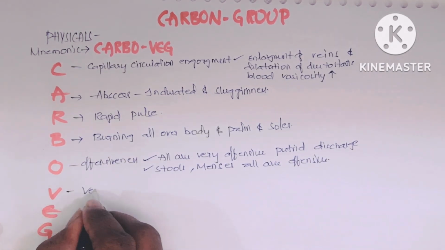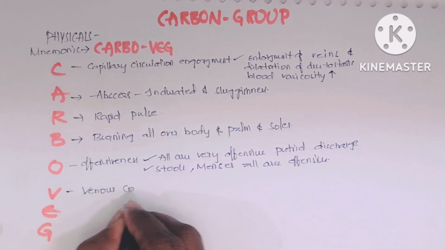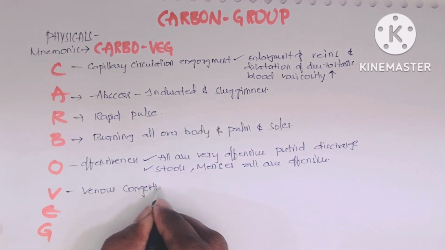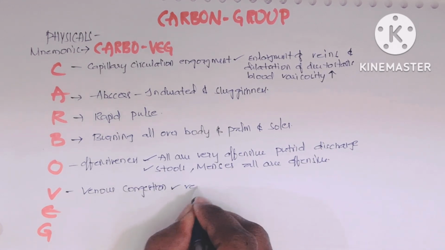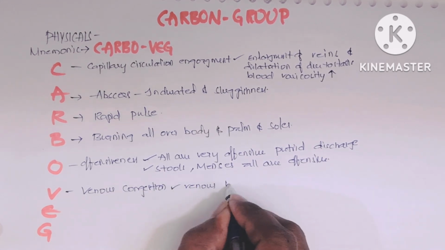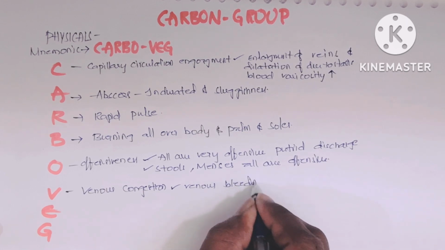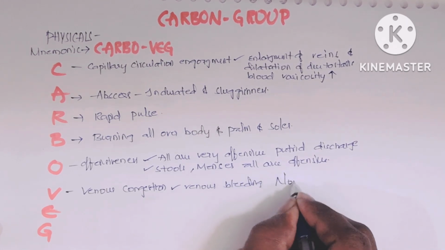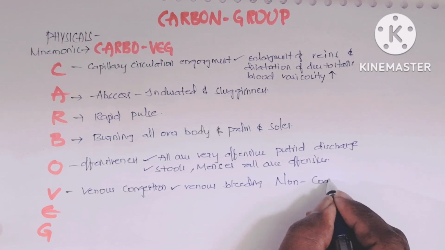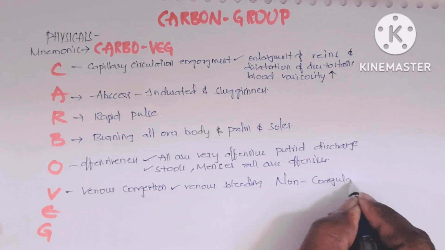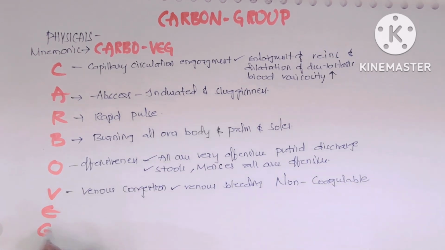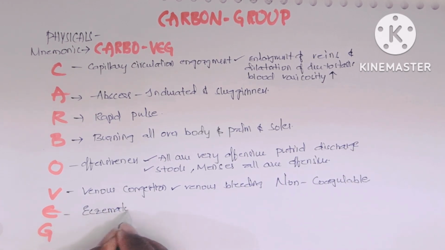And V for the venous congestion and the venous bleeding. The venous bleeding is non-coagulable. And E for eczematous eruption.